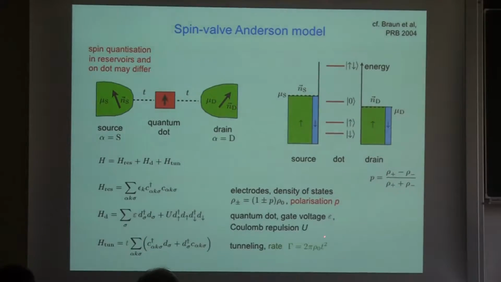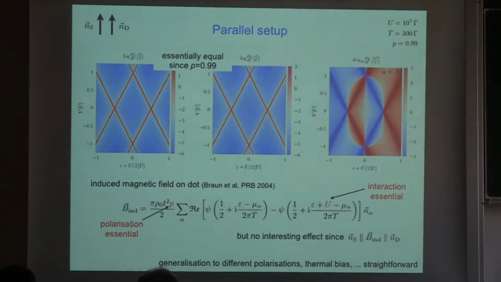Well, still we have the tunneling rate, Coulomb interaction, and everything is as before. Now we go through, well, different setups. So first, the simplest and most boring situation is if we just have a parallel setup. So if the magnetization in the source and in the drain are just parallel to each other.